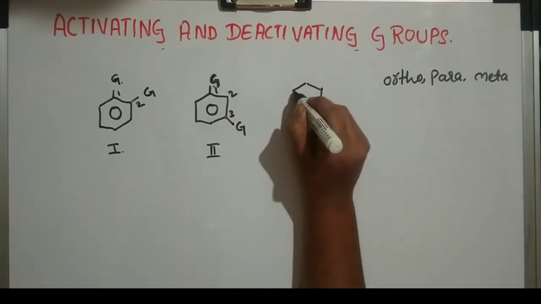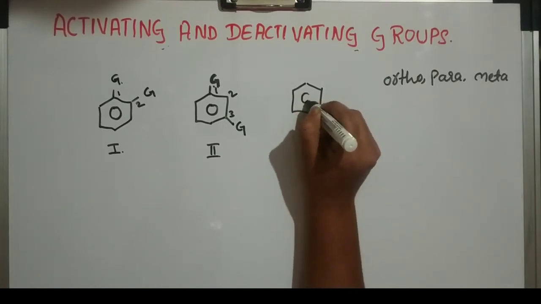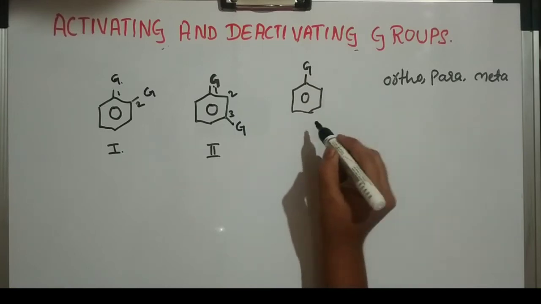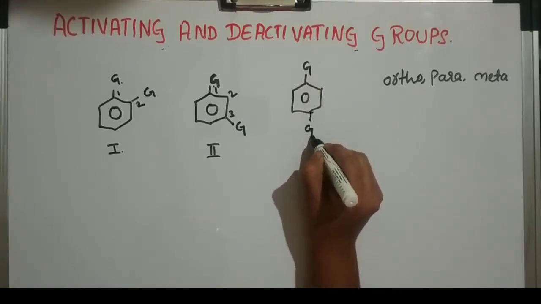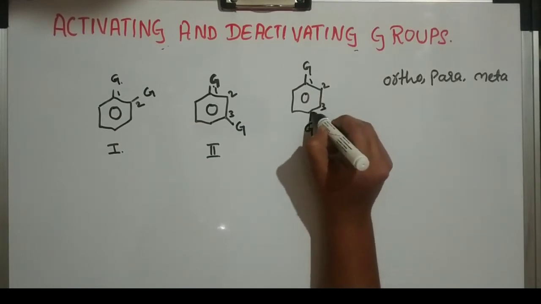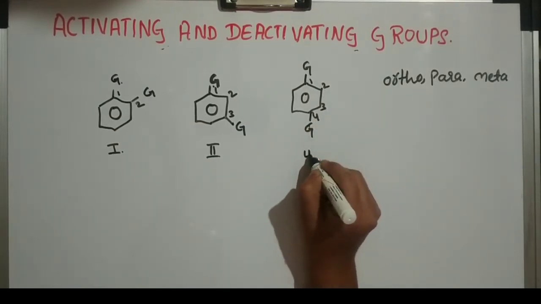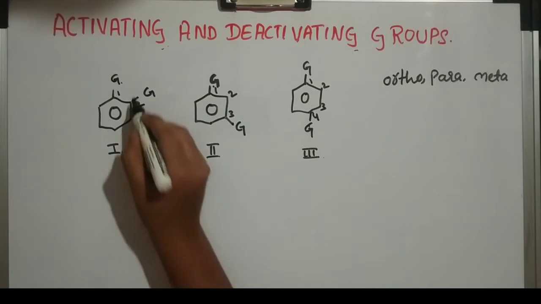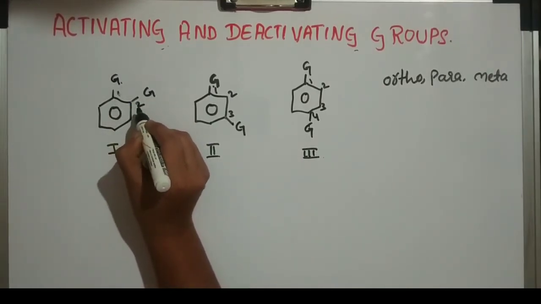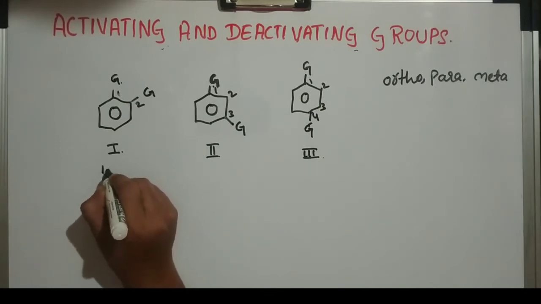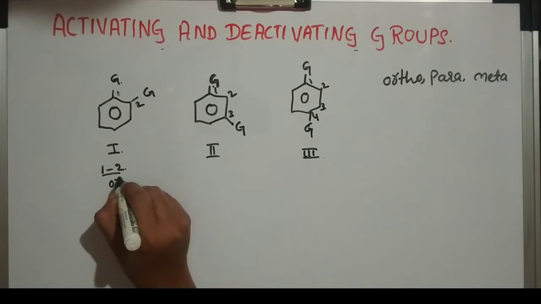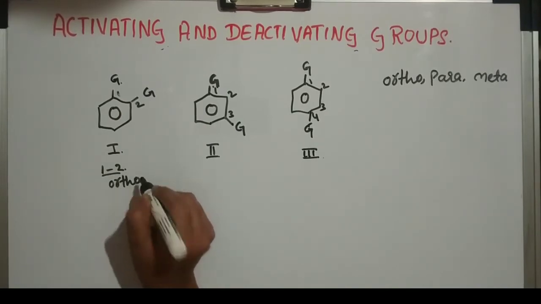And the third structure, again a benzene ring, with groups at the first position and the fourth position. So name it as the third structure. Here positions 1 and 2, which are adjacent, is known as the ortho position.